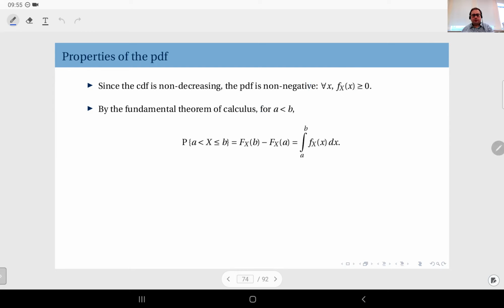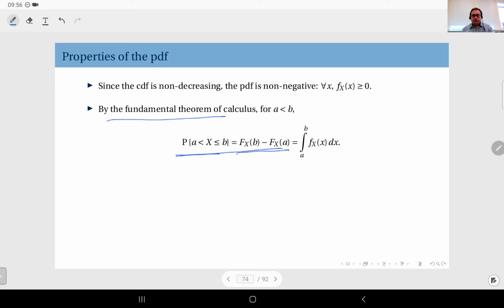The second property is again based on a property of the CDF, and it stems from the fundamental theorem of calculus for two values a and b, where a is less than b. Recall that the probability of the random variable being between a and b, where b is included but a is excluded, is given by the difference between the CDF values at b and a.